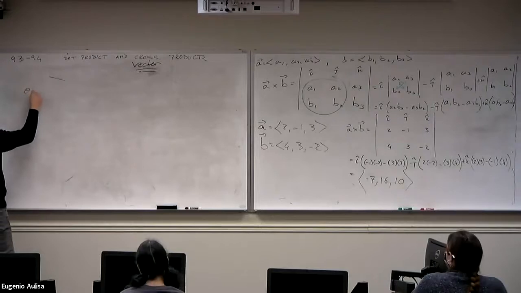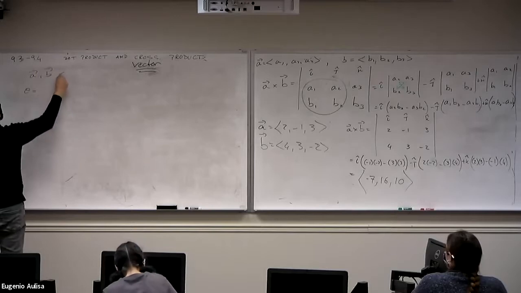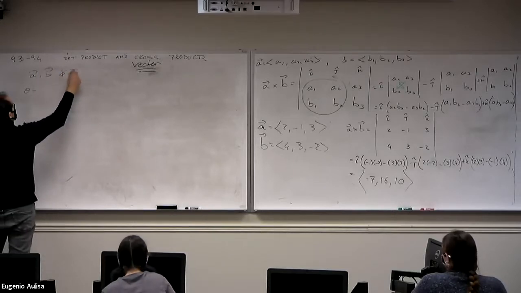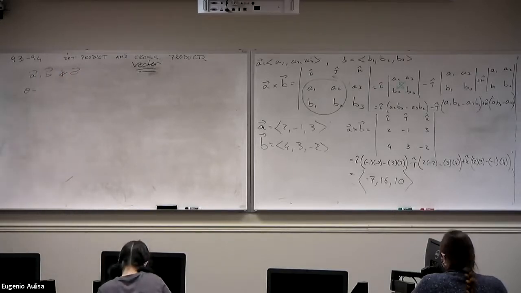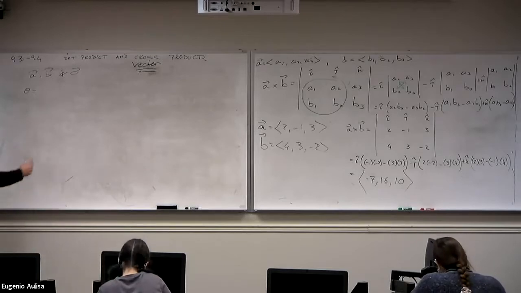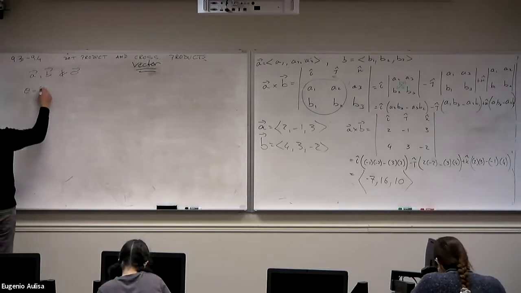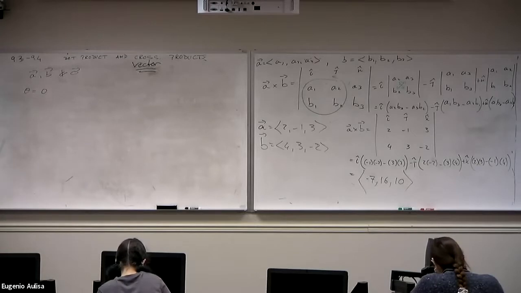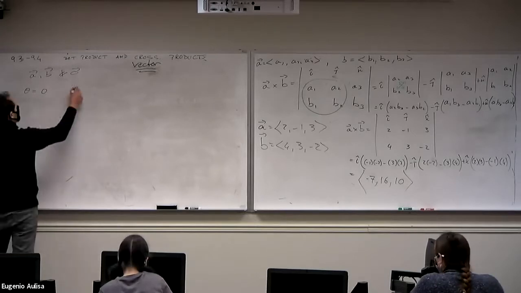Theta, okay. A and B different from the zero vector, so neither of A and B are equal to the zero vector. Theta equal to 0. What's going to be A cross B?